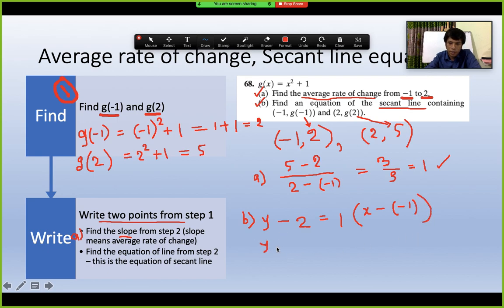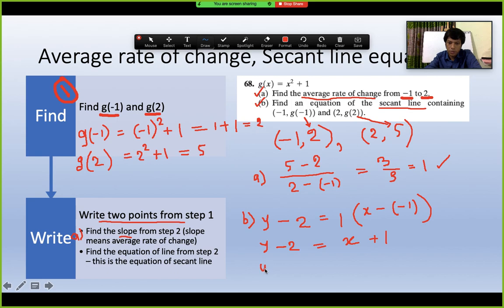So y minus 2 equals, this will be x plus 1.